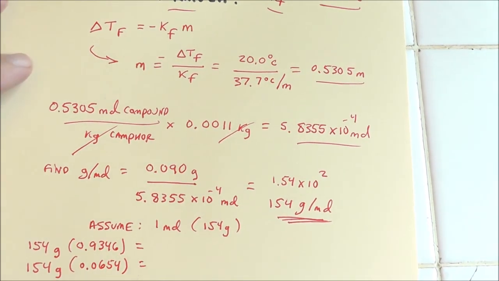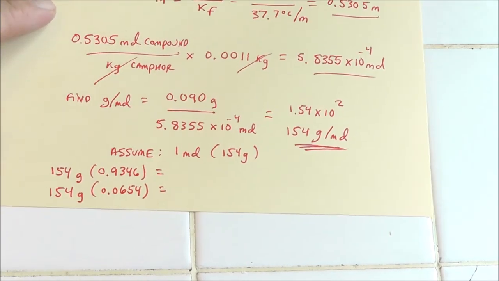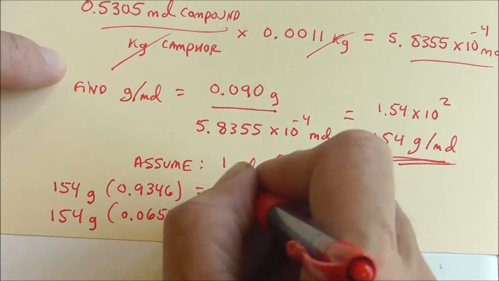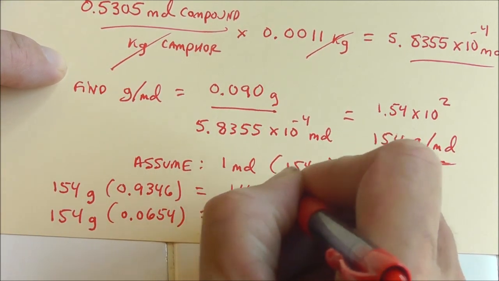So let's now figure this part out, where we take the amount of each that's carbon. So 154 times 0.9346. So I've got 144 grams of carbon.